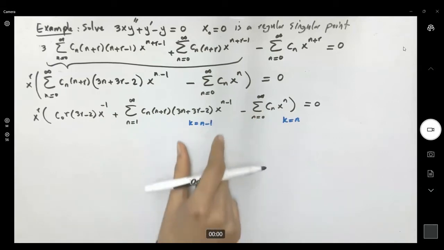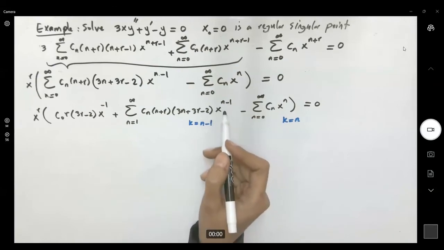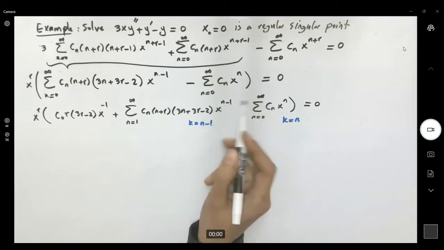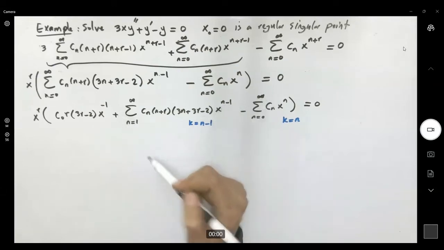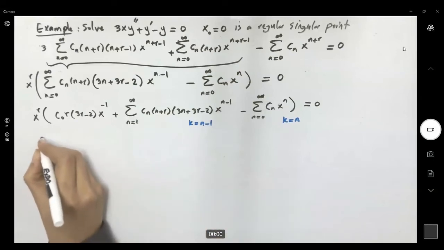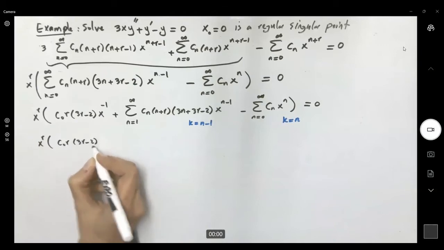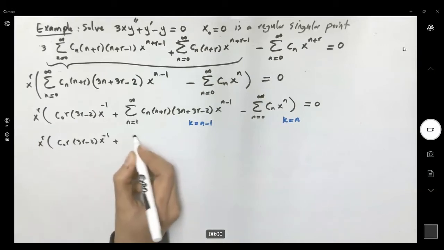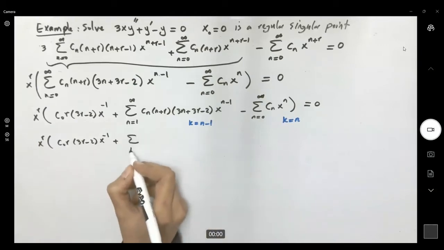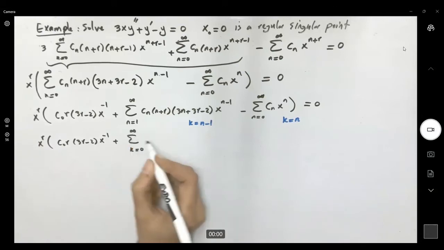Why is that? Because this adjustment makes this have the same exponent and the starting index. X to the power r, c sub 0 r, 3r minus 2, x to negative 1, plus the sum. This guy becomes k equal to 0 to infinity.